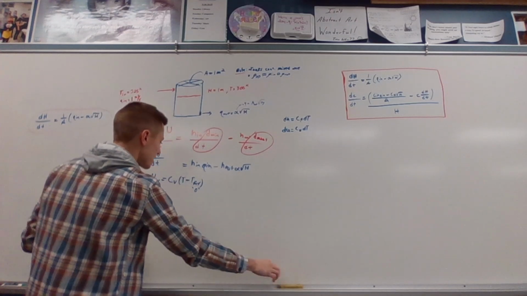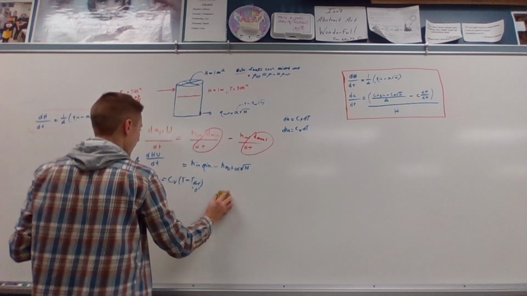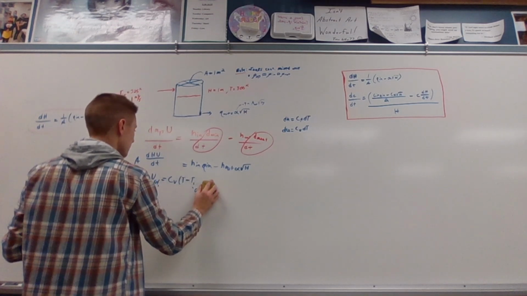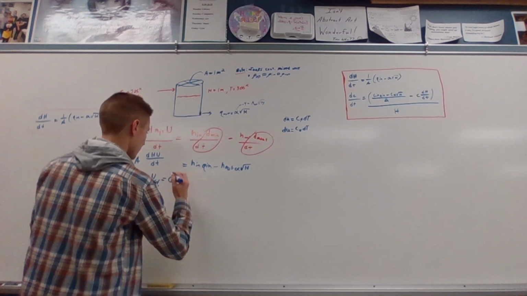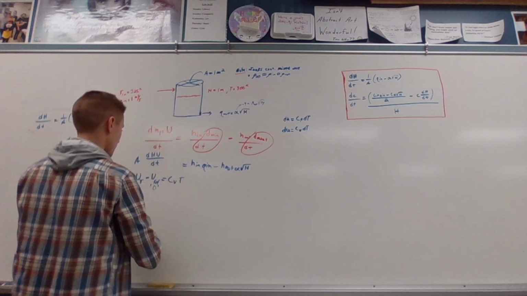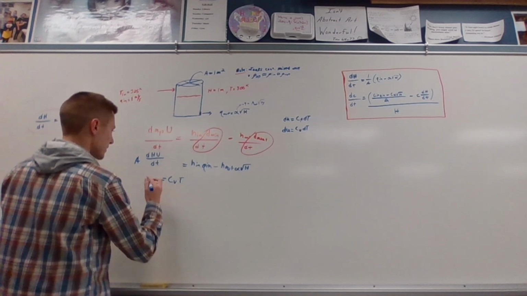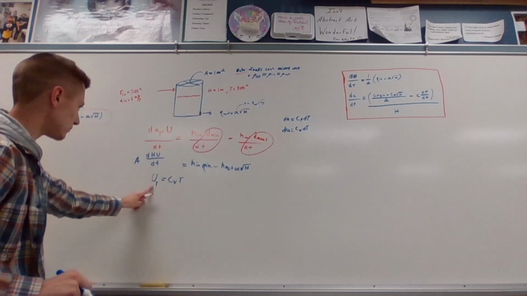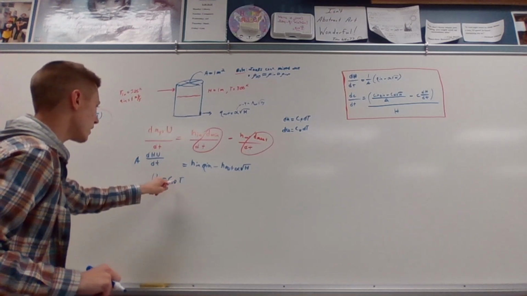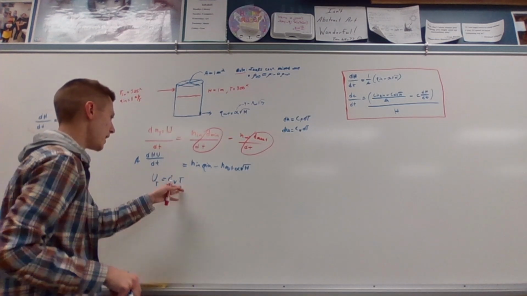So we can rewrite this equation, and this is 0 as well, and say that internal energy at some temperature is equal to the heat capacity at constant volume times a temperature.